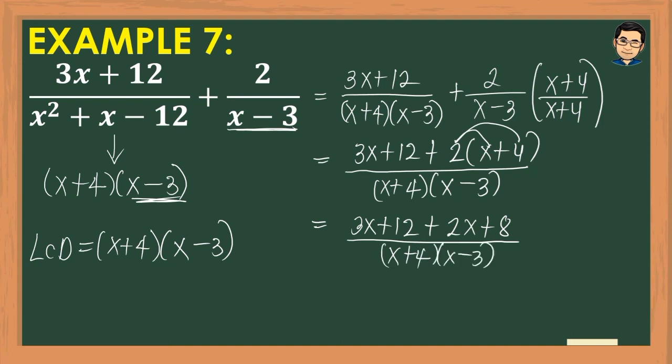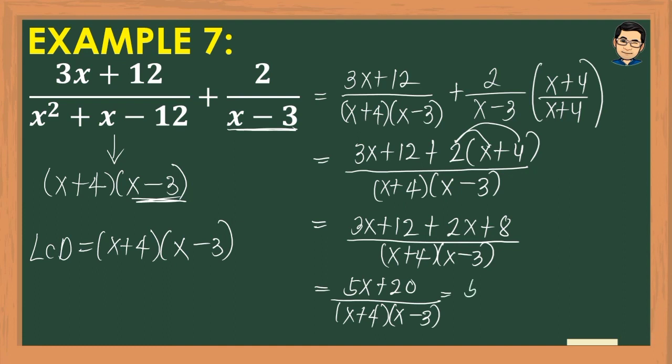Then we combine like terms, 5x plus 20 all over x plus 4 times x minus 3. So, 3x plus 2x po kasi 5x. 12 plus 8, that is 20. And then we can factor out 5x plus 20.